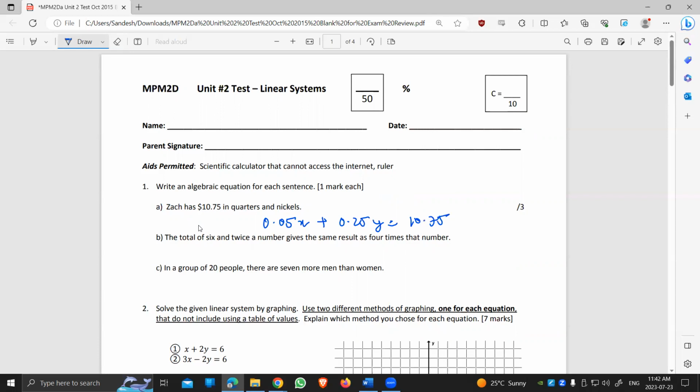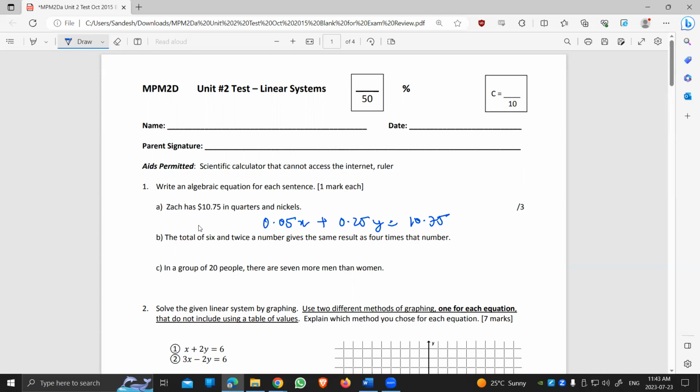That's it. The total of 6 and twice a number. So we're adding 6. Okay, total means a sum. We're adding 6 with twice a number gives the same result as 4 times that number. What does it mean by the total of 6?